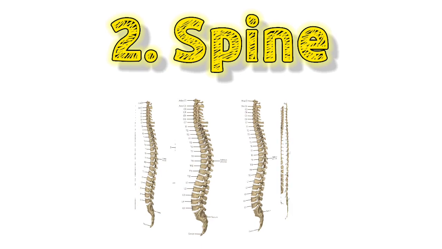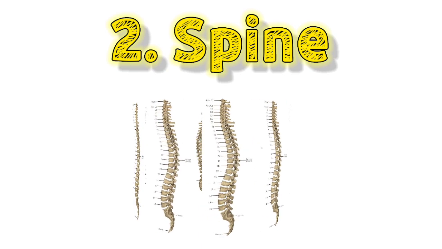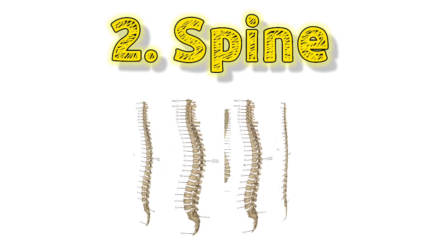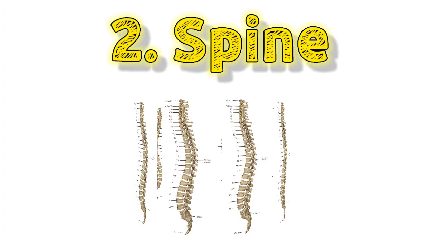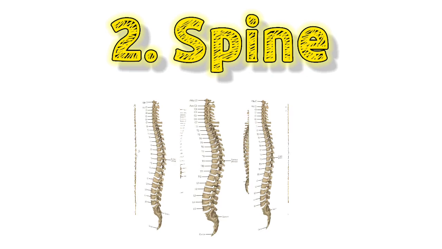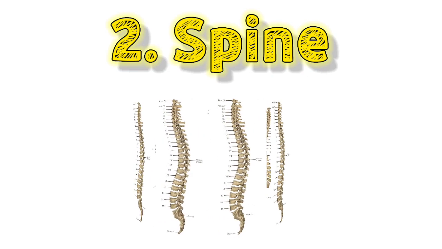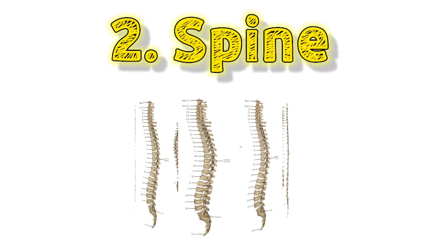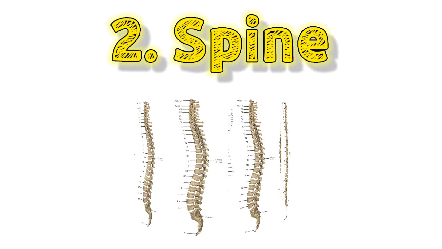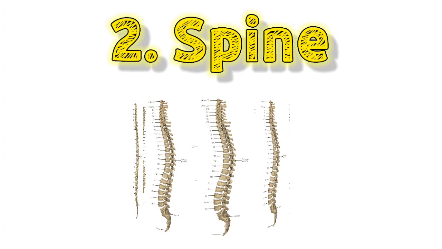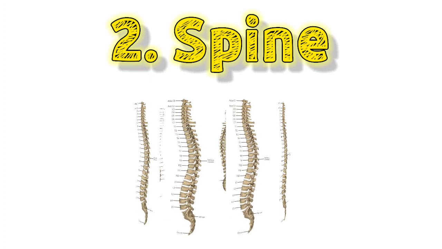These small bones join together to form a strong column called the vertebral column. It protects the delicate spinal cord. It also provides support to the body. The joints where vertebrae meet allow slight movement. This allows us to bend or twist our back.